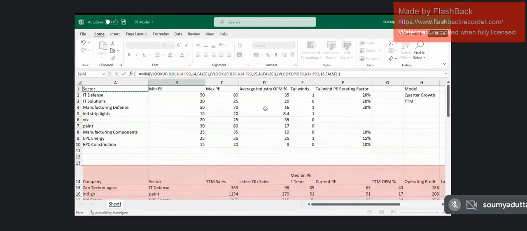The system will automatically calculate what PE it can get from the min PE and max PE, and whether a re-rating is possible or not. That's how it is going to work.